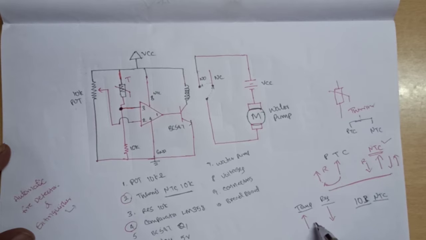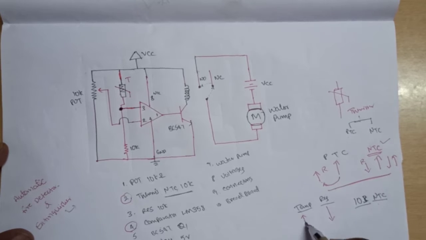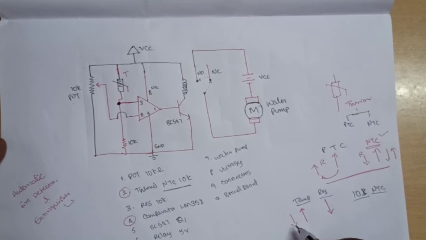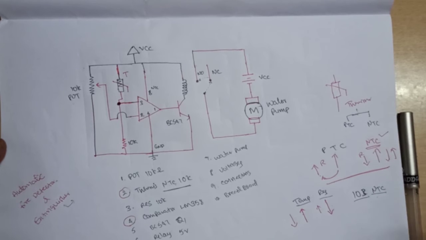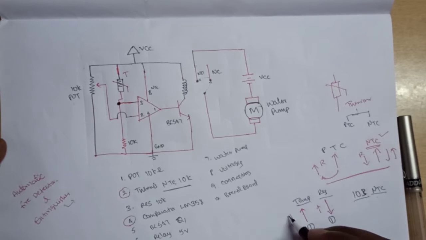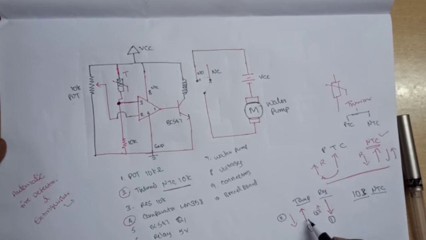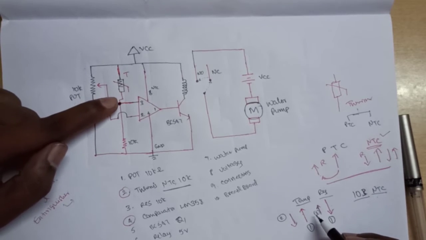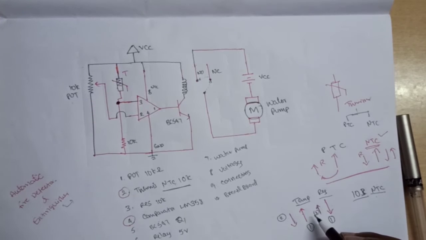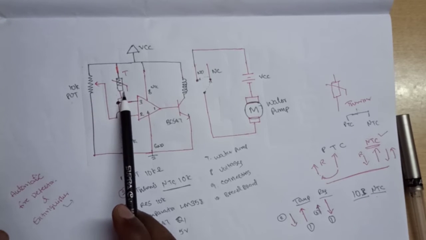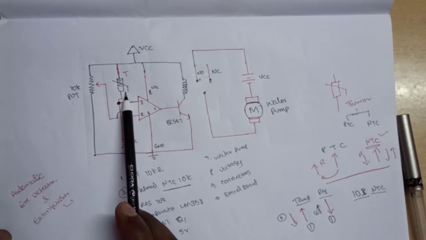So this is the relation between temperature and resistance of a negative temperature coefficient thermistor. If the temperature decreases, resistance will be increased. So this principle we are using to detect the fire. Here we are using the thermistor as a temperature sensor.